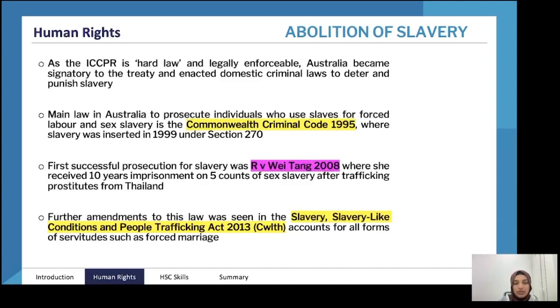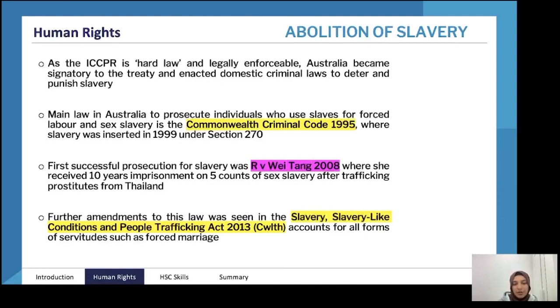So the main law in Australia to prosecute individuals who use slaves for forced labour and sex slavery is the Commonwealth Criminal Code of 1995, which again is highlighted in yellow. So all of the important declarations and legislation are highlighted in yellow, and all of the cases I've highlighted in purple as well, just for your benefit. So please do note these down if you don't already have them in your notes, because they're very important.